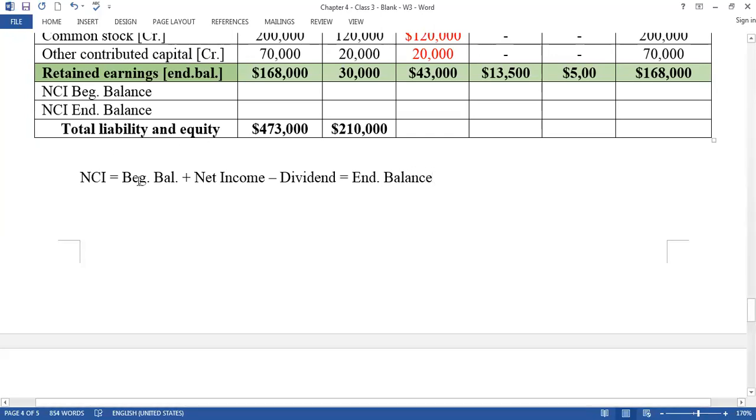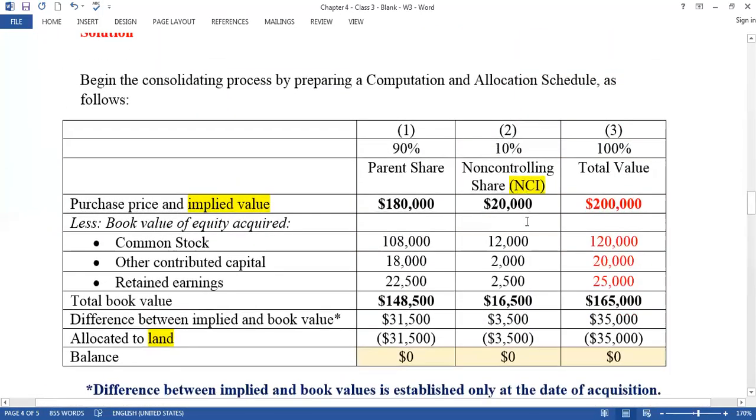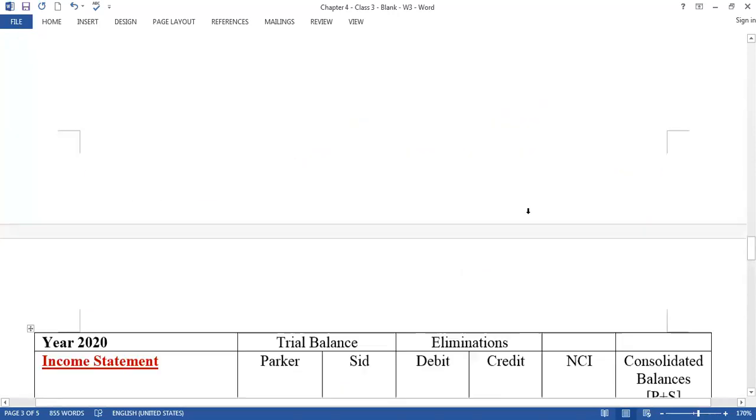So if you remember last class, this is the formula for NCI, right? We know what the beginning balance is. The beginning balance is $20,000. We already know this from here. Clear? Beginning balance is $20,000.